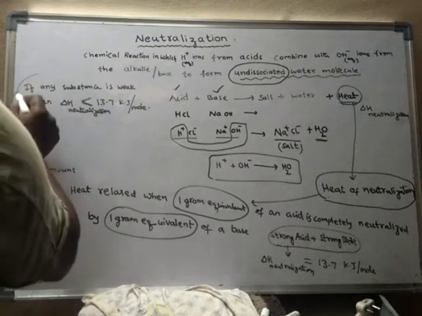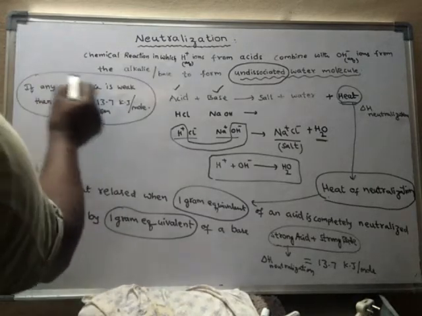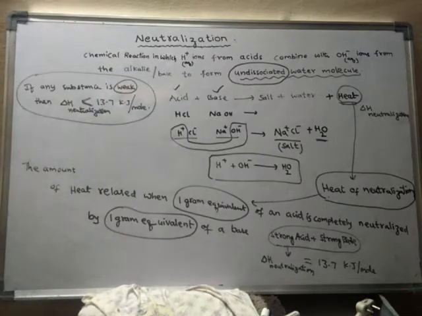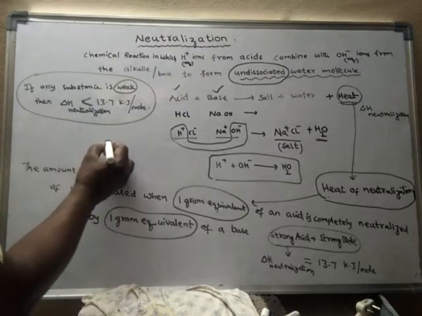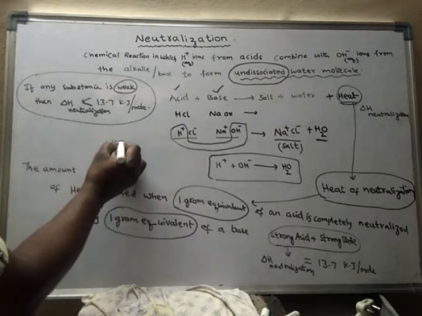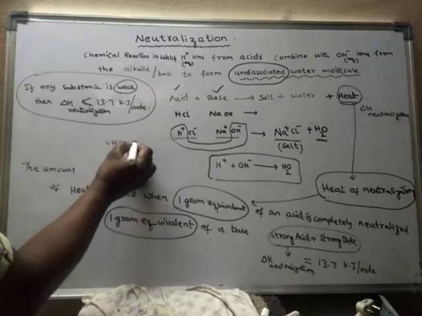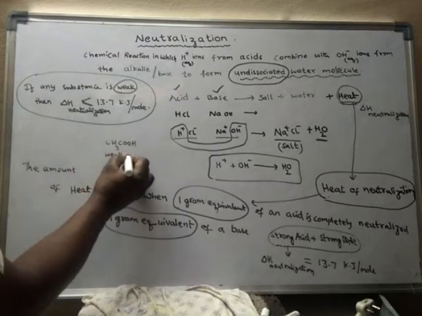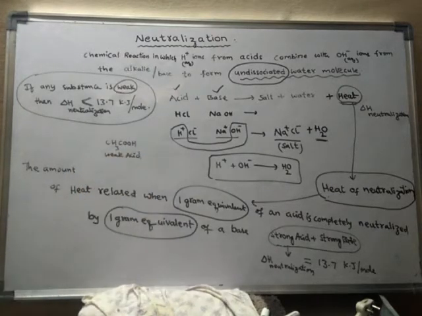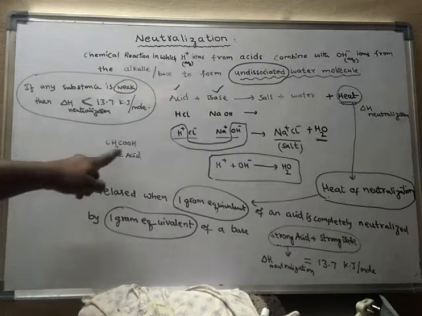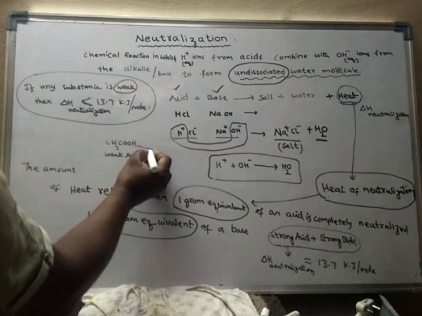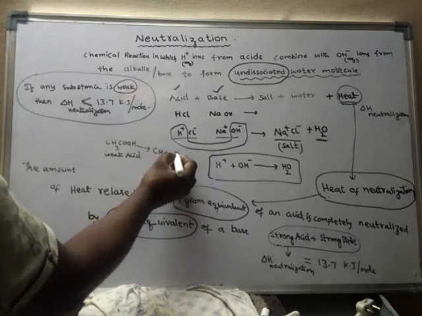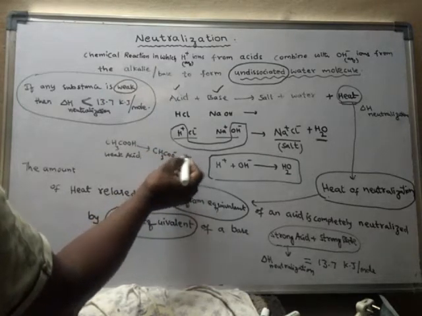Why is it less for a weaker substance? Because if it is a weak substance, for example, take CH3COOH. It's a weak acid. See what happens? As it is a weak acid, it cannot easily break down into CH3COO minus and H plus.